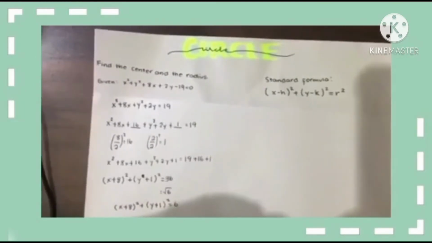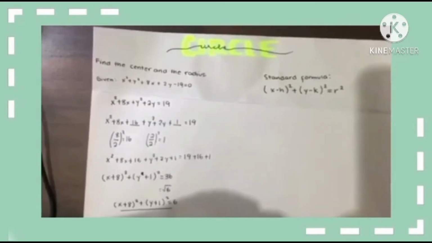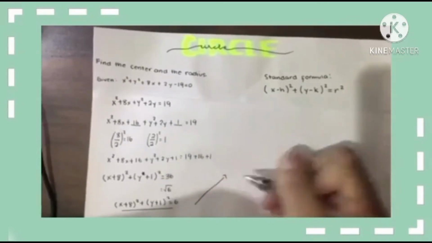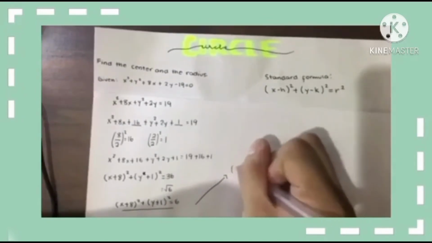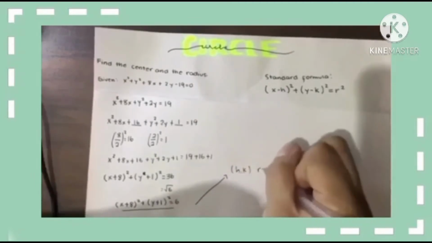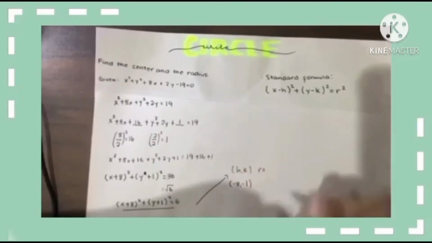Now that this equation is already in standard form, we can determine our h and k, which is the center, and our r, which is the radius. The center is negative 4 and negative 1.